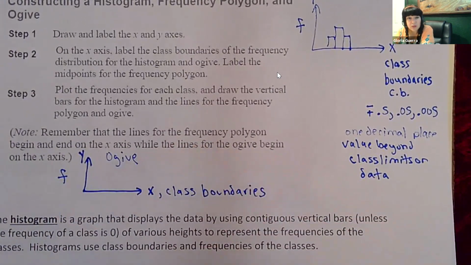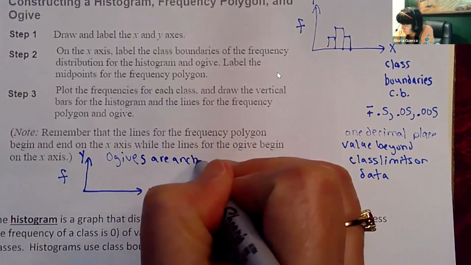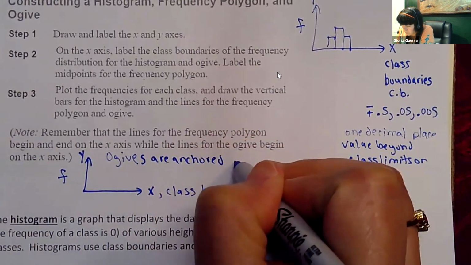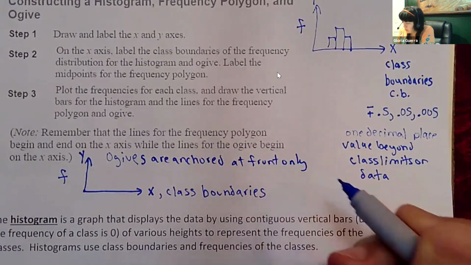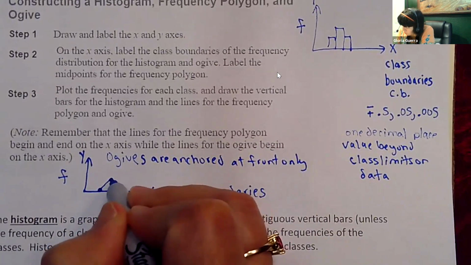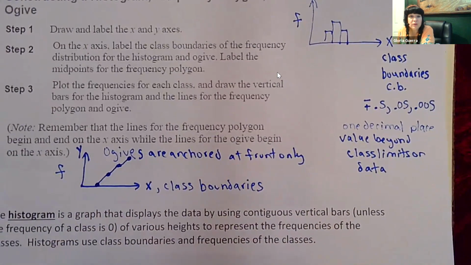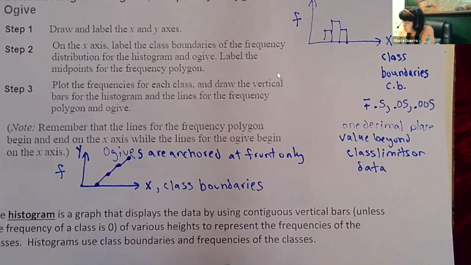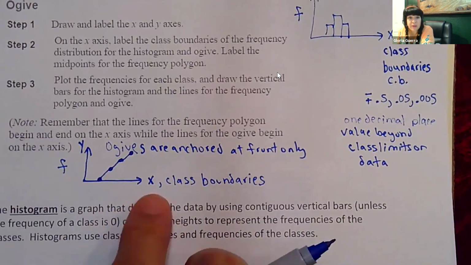The ogives are anchored at the front only. So a picture like this would be something like this here. Ogives make use of line segments, and importantly, they use class boundaries.